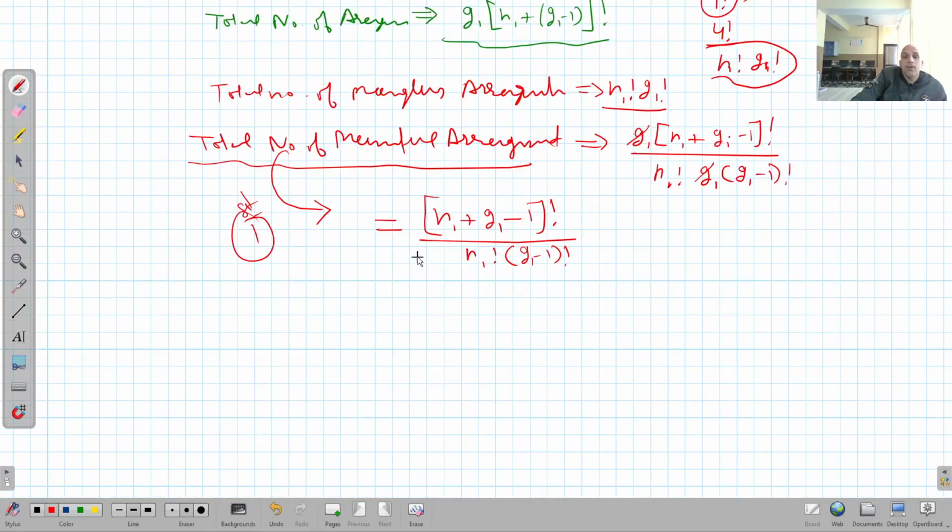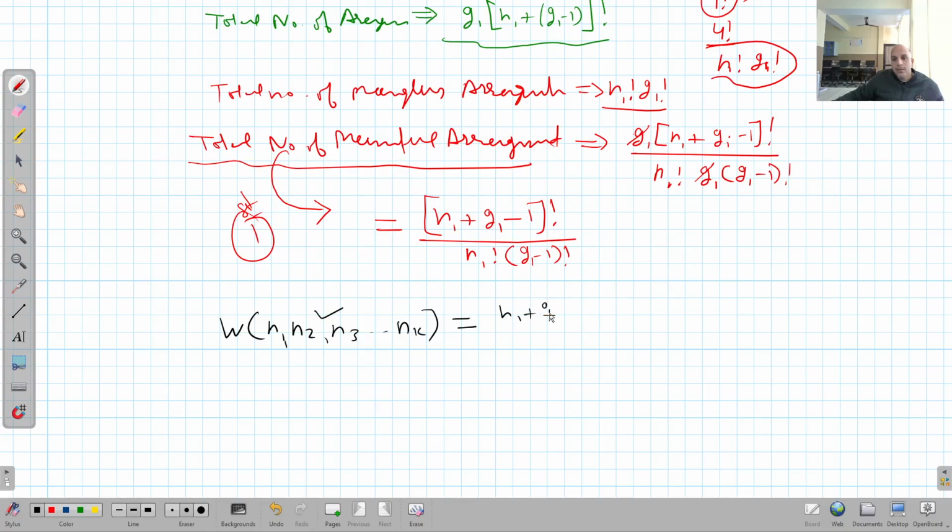So if I want to find the total number of meaningful arrangements for this whole space, then I have to write W of N1, N2, N3, and so on up to Nk, right? W is the total number of meaningful arrangements for this macro state, and this is called the thermodynamic probability, right? So this is equal to what?